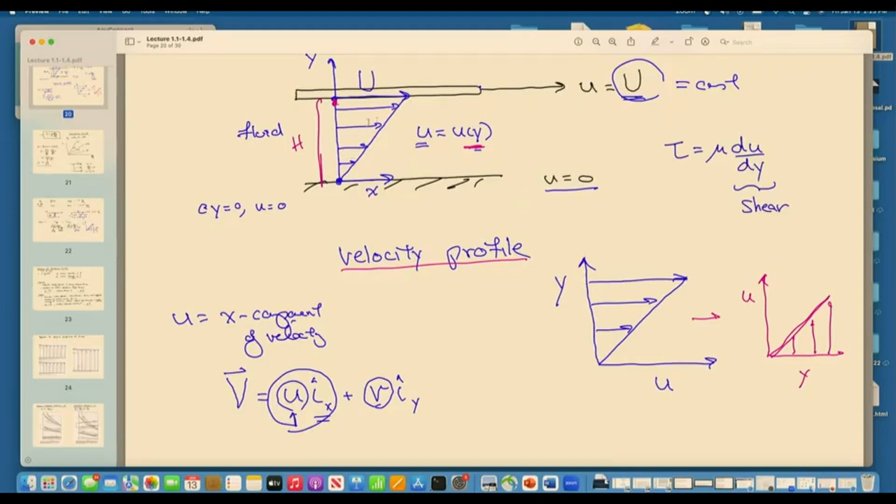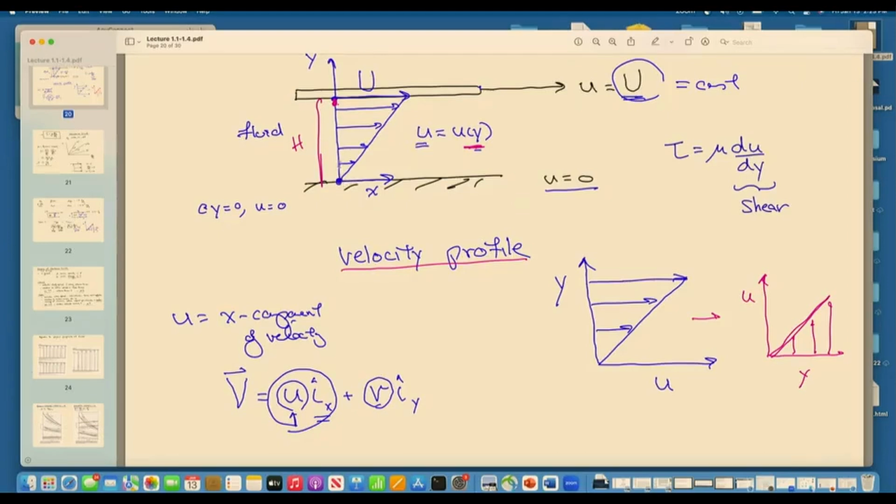What I am showing is along this vertical line here, at this location, the velocity at every point along this line is indicated by this line here. So at y equals 0, where y is the coordinate, the velocity little u is 0.